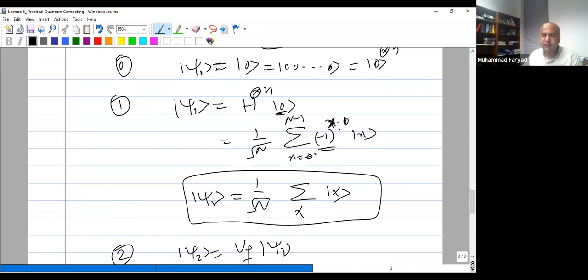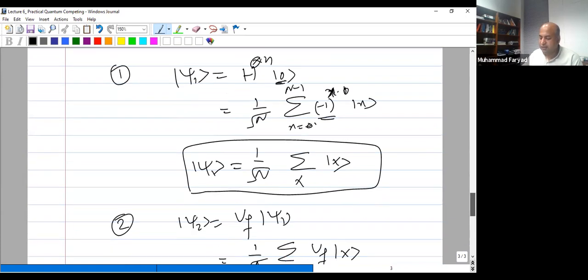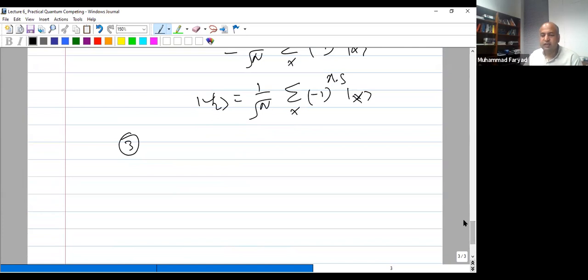So this makes many algorithms work by having phase oracles, where we implement functions in a special way using phase oracles instead of just implementing the function as it is, where we have some f(x) and we just work with the value f(x) instead of minus 1 to the power f(x).